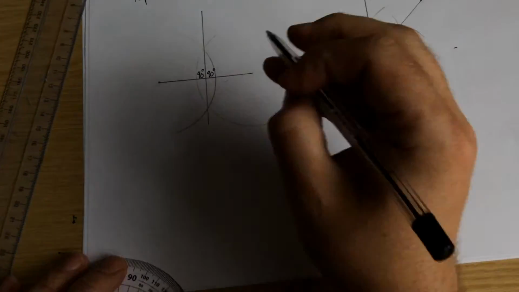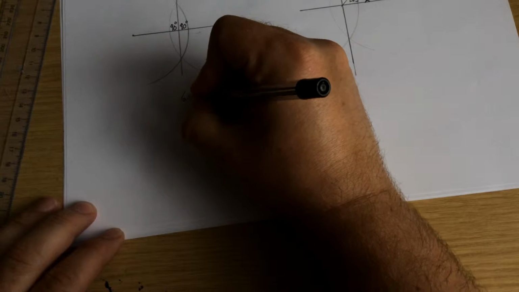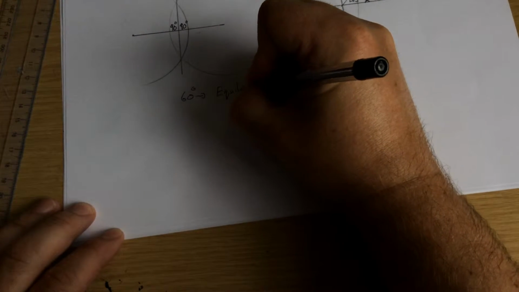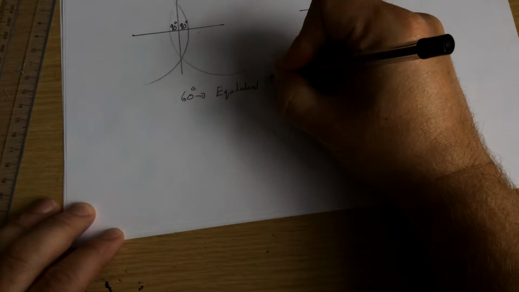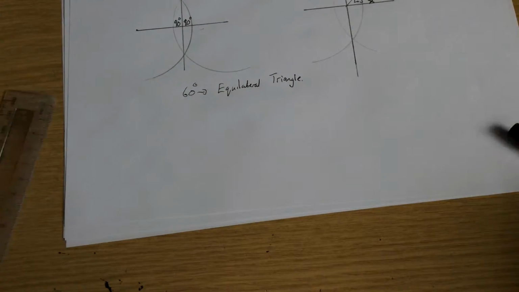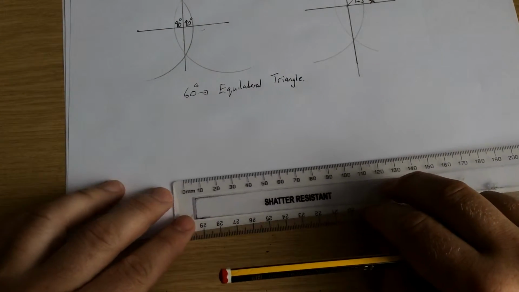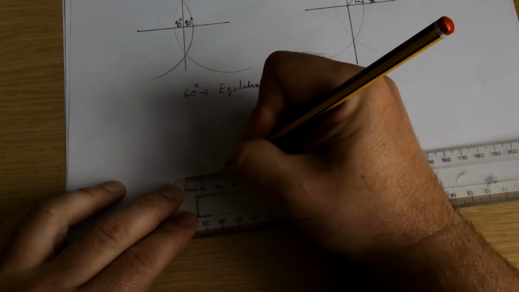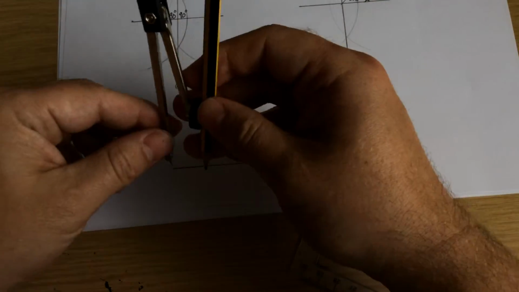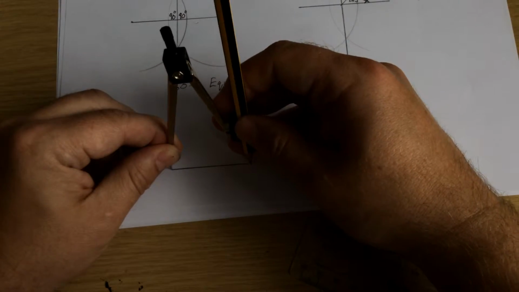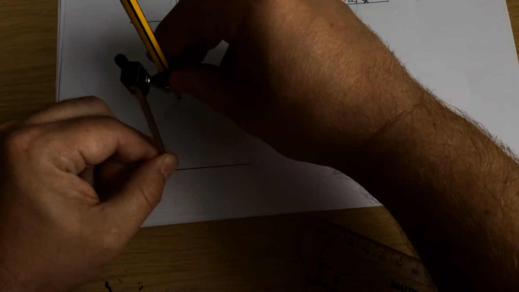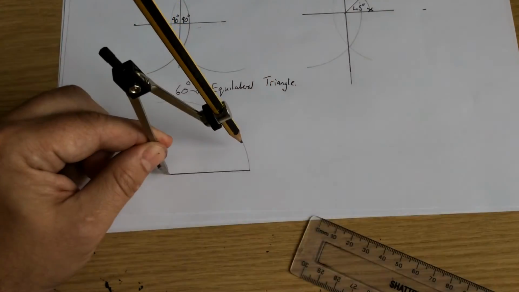For 60 degrees, you should know that 60 degrees is an equilateral triangle. So what I'm going to draw now is an equilateral triangle, and that's this angle done. To draw an equilateral triangle, I'm going to start with a ruler and draw a line across, say 5 centimeters. I will now open my compass so it's the full 5 centimeters, and draw a big arc from the end of my line.